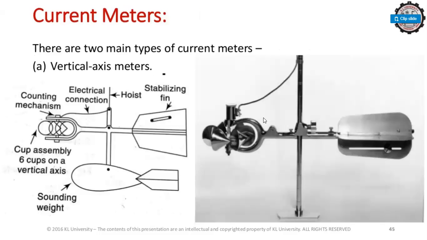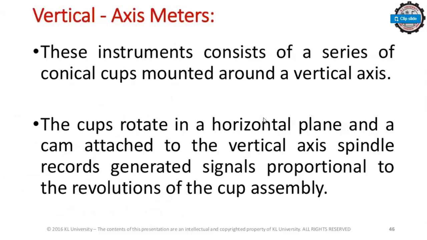Current meter. There are two main types of current meters. Vertical axis meters: stabilizing fin, electrical connection, counting mechanism, cup assembly with 6 cups on a vertical axis, and sounding weight. Vertical axis meters.